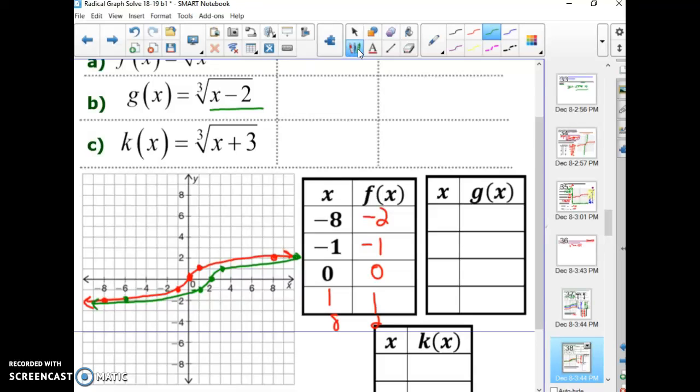Okay, right here I look, my y values are staying the same, but my x values are not. My x values got shifted by 2, so to get an output of 0, I had an input of 2. And then over here, 3, 1. Right over here, I had a point at 10, 2.